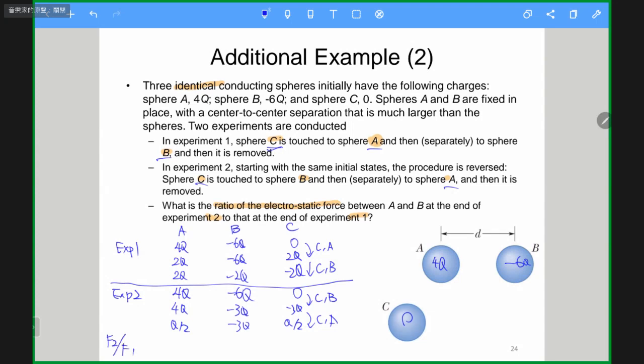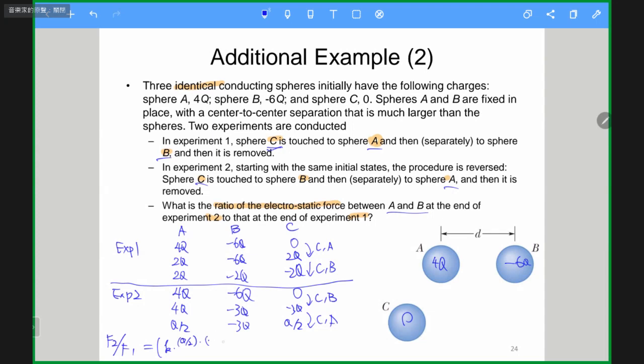Finally, we will calculate F2 over F1. F2 means the force for experiment 2 between spheres A and B. So F2 between A and B will be K times Q over 2 times 3Q.